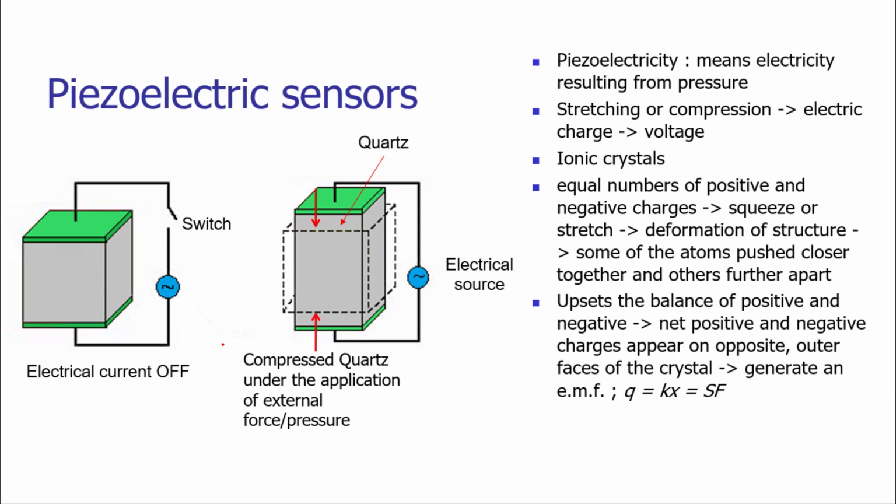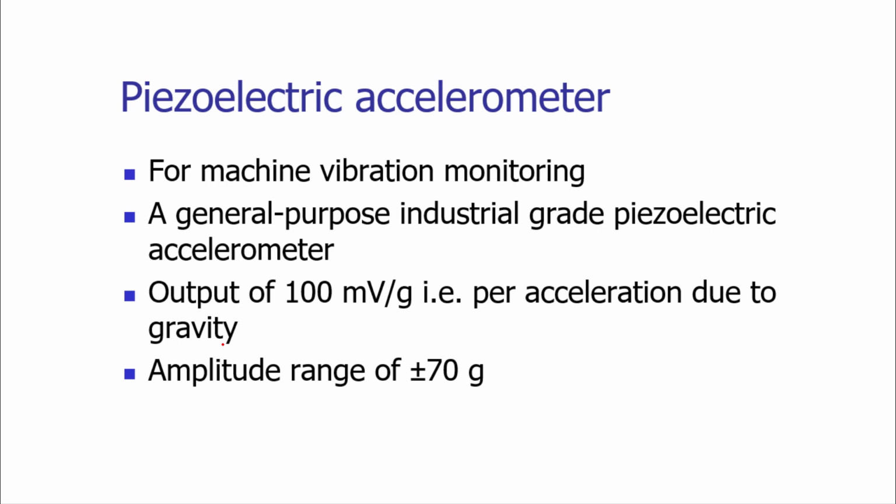So you can see Q is directly proportional to X and K is the proportionality constant. Piezoelectric sensors are widely used to measure the forces, pressure, and the acceleration. They are popular in monitoring the machine vibrations.